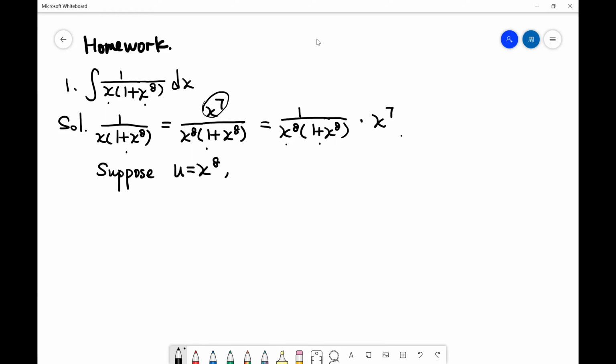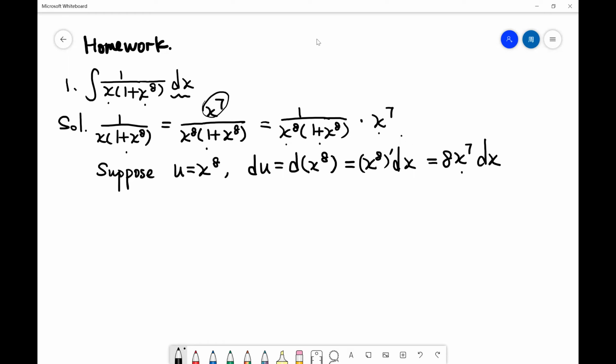Don't forget, we have to know the relationship between dx and du. du equals d of x power 8, which equals x power 8 prime dx, and that equals 8x power 7 dx. So here x power 7 appeared, right?